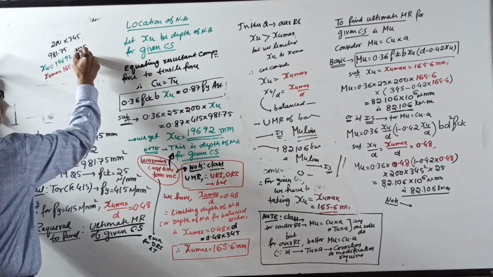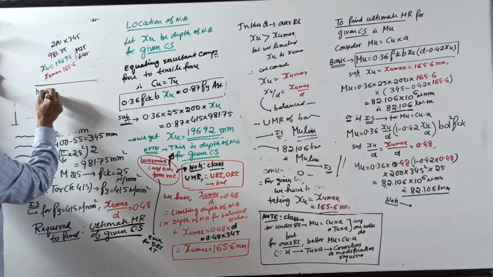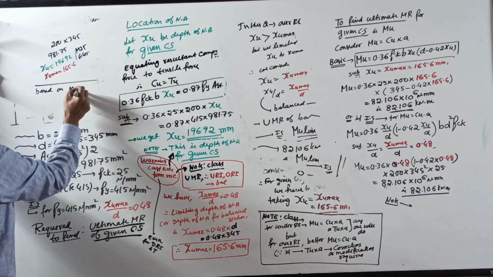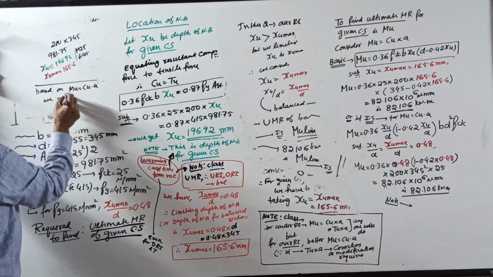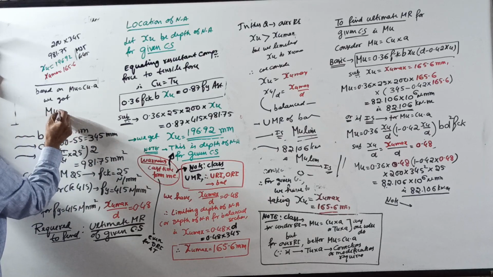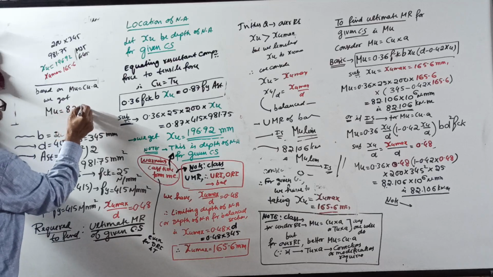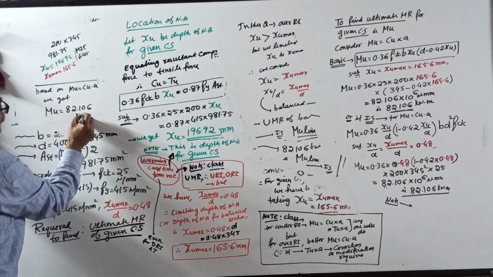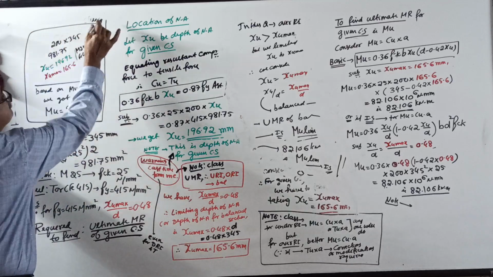M25 concrete, Fe415 steel. Based on Mu equal to Cu into A, we got two approaches, either basic or the IS code version. Mu equal to, what is the answer? 82.106 kilonewton meter.